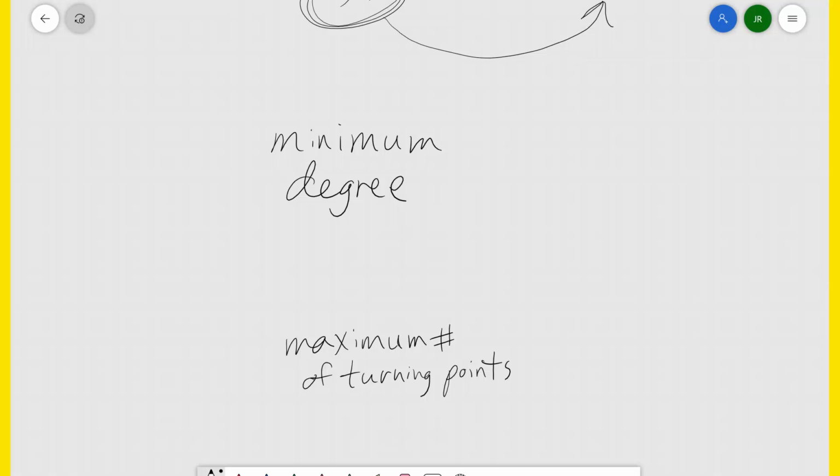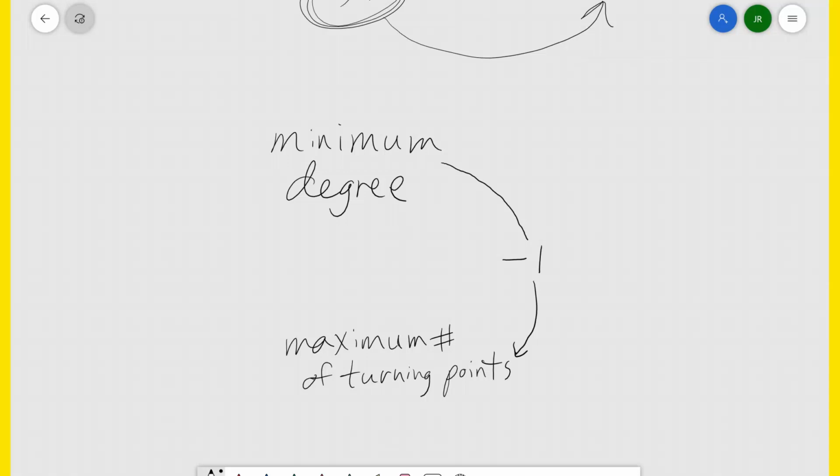Okay, if you know the degree, you can get to the number of turning points by subtracting 1. So if the degree is 5, the maximum number of turning points you would have would be 4. You might not have up to 4, but you could have up to 4.